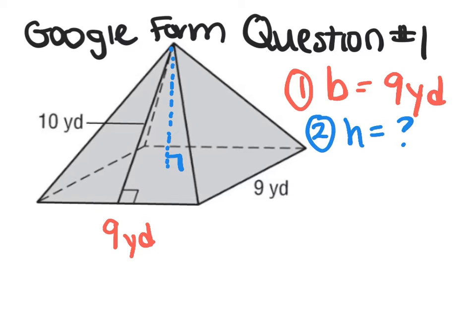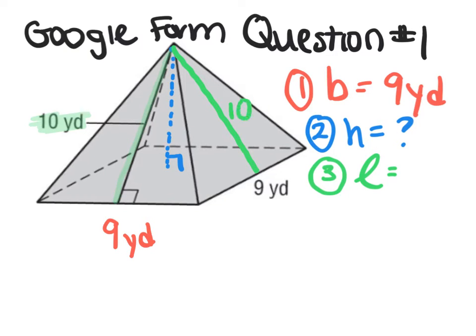And the last measurement that we have to know is the slant height, which we have is this length of 10, which we could also draw in over here. So L is 10 yards.